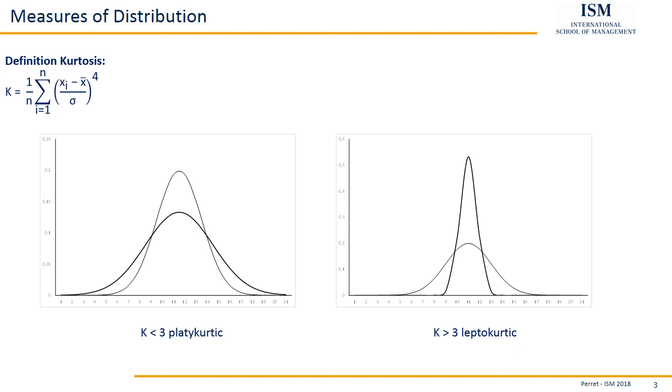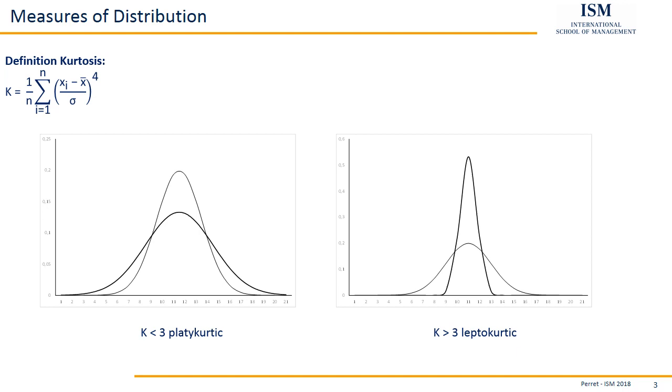But from the definition, kurtosis is what we have here. It's always positive, and it's either smaller than 3, then it's Platykurtic, or it's exactly 3, then it looks like the normal distribution. This is also called mesokurtic. Or if it's larger than 3, it's called Leptokurtic.